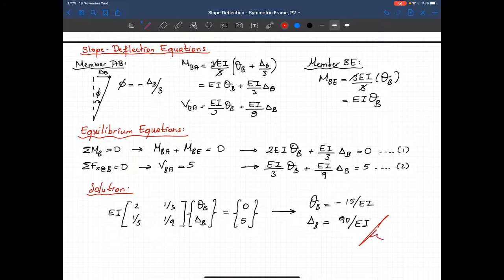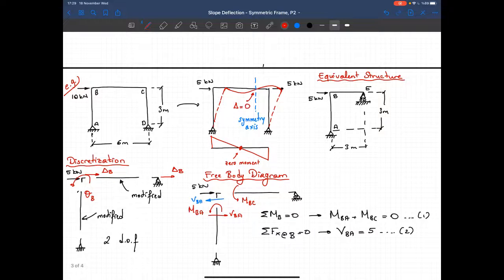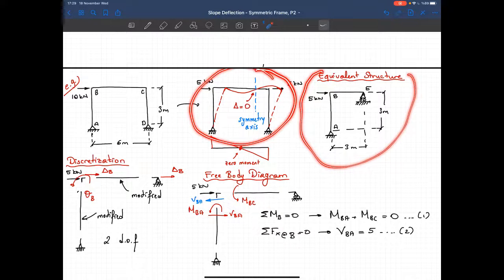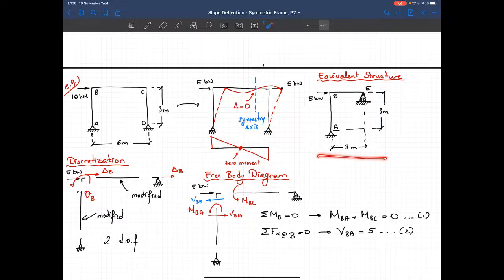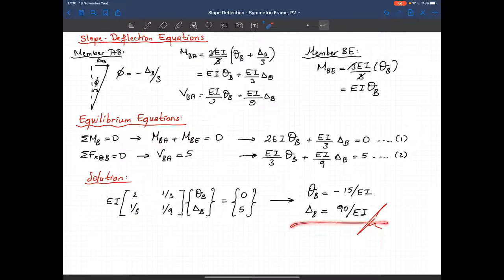And as you see, by using an equilibrium equivalent structure, and we generate that equivalent structure by looking at the properties of the deformed shape and the moment diagram, and by analyzing this equilibrium equivalent structure, we obtain exactly the same result as our previous solution.